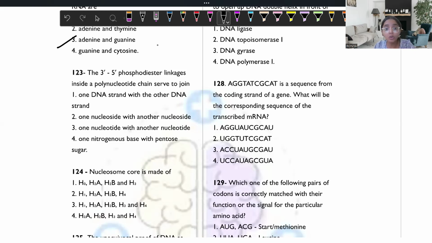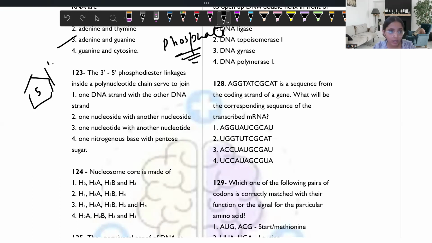Not possible. One nucleoside with one nucleoside? No, phosphodiester bonds involve phosphate molecules. And if a phosphate molecule is present, it means it's a nucleotide. What's a nucleotide? A 5-carbon ribose sugar, one nitrogen base and a phosphate. Understood?